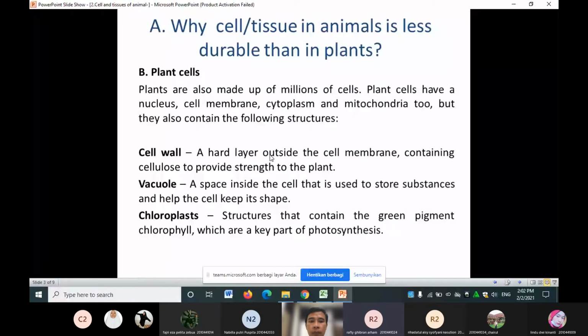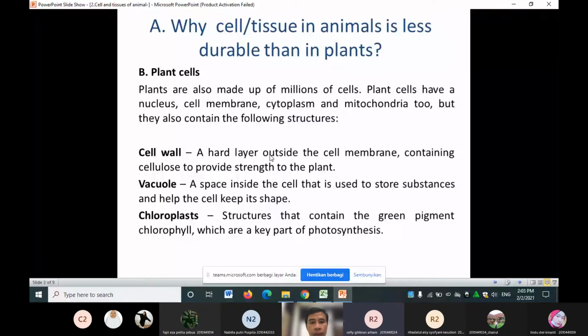For the plant cell, plants are also made up of millions of cells. Plant cells have a nucleus, cell membrane, cytoplasm, and mitochondria too, but they also contain the following structure. Cell wall, a hard layer outside the cell membrane containing cellulose to provide strength to the plant.